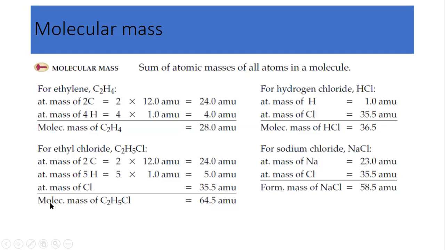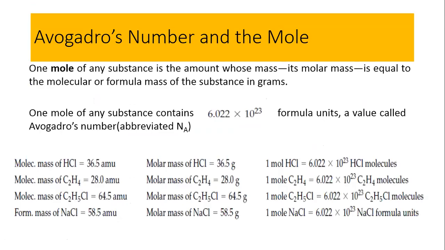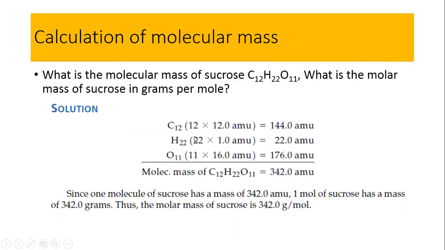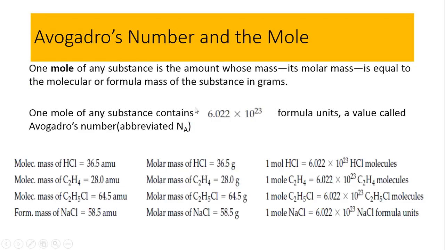So this is the molecular mass of C2H5Cl. In a similar way, you can calculate the molecular mass of HCl and NaCl. Simply, you just sum up the masses of all atoms in a molecule, and that will give you the value of the molecular mass.